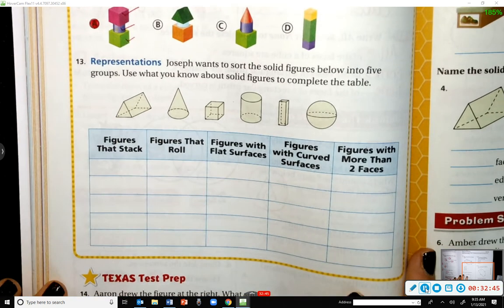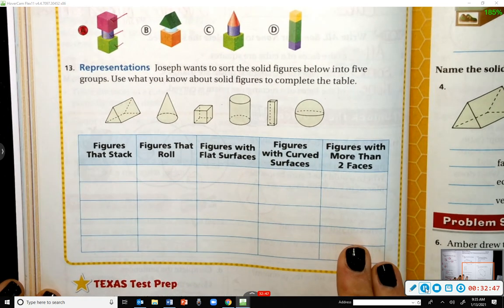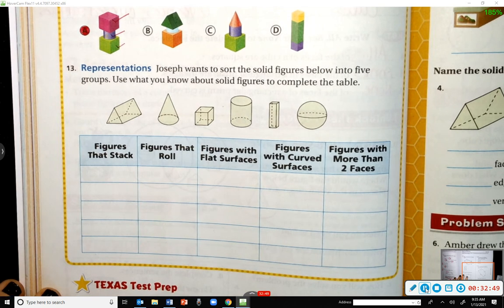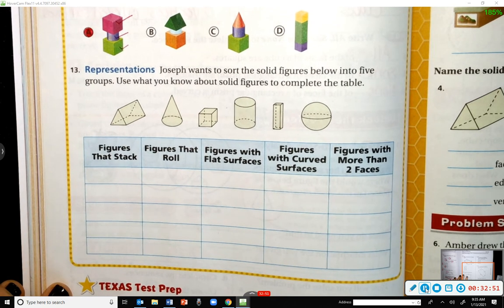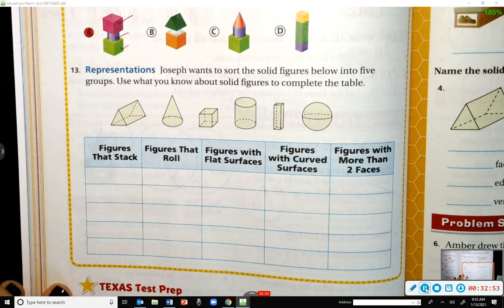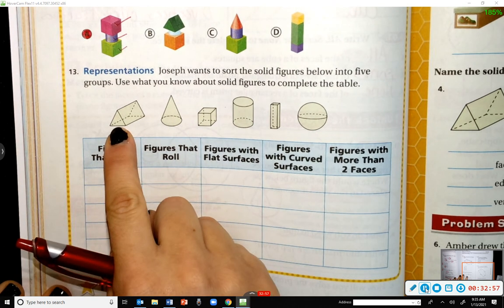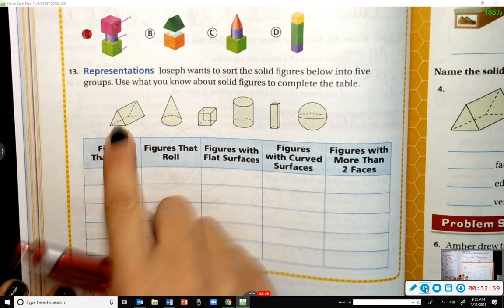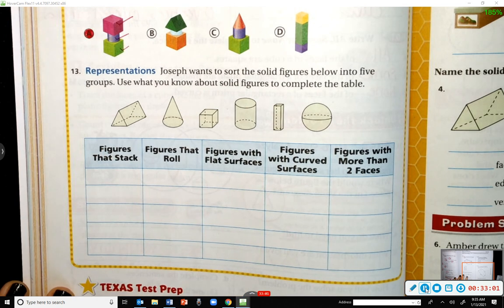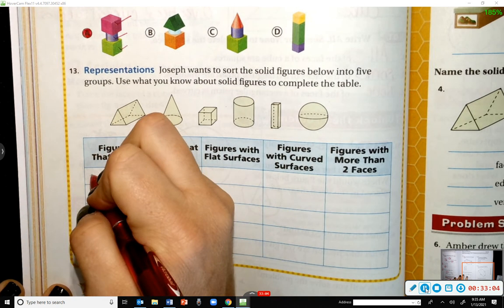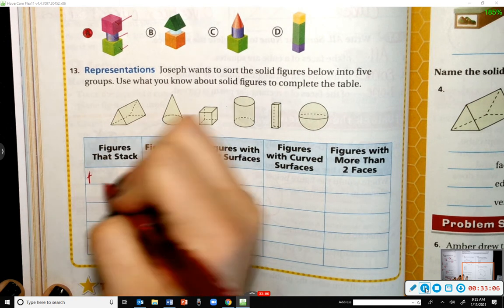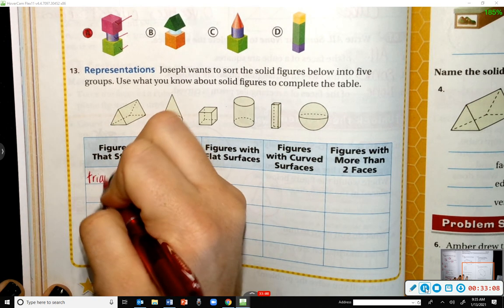Okay, figures that stack. Which of these would be able to stack? Okay, I'll just go through in order and you tell me yes or no. This one? Yes. What shape is that? No. Triangular prism.